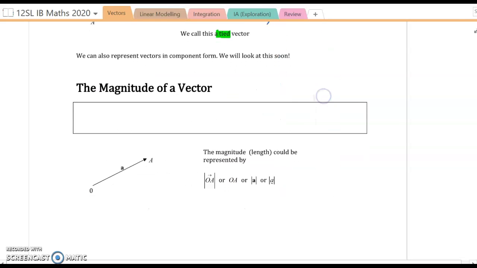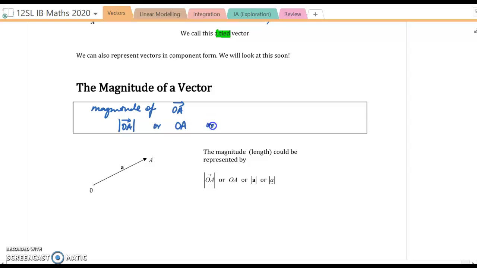Now, the next part is the magnitude of a vector. The magnitude is expressed by using the absolute value sign, or two vertical lines on either side of the vector. So when I refer to the magnitude of vector OA, we express it as OA with a line on either side, or just OA.